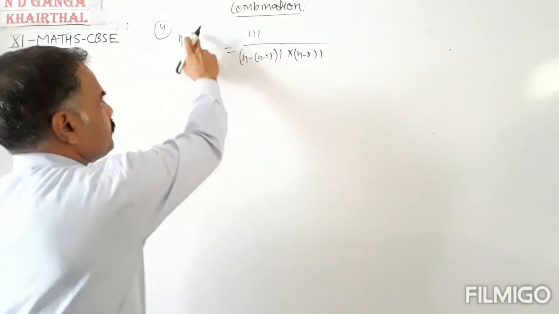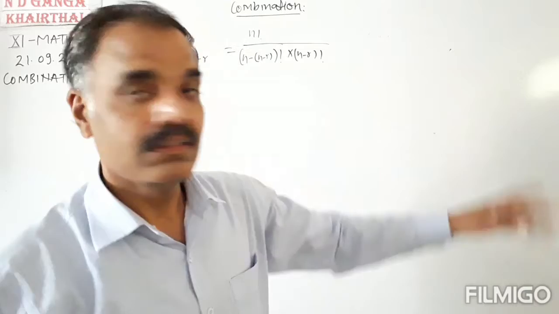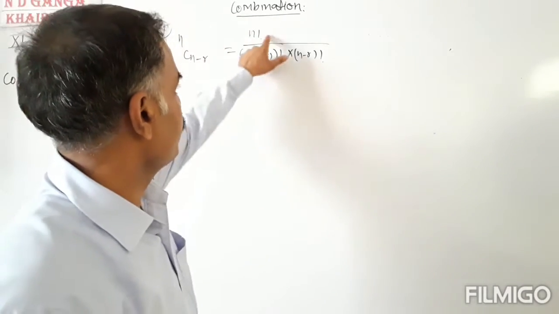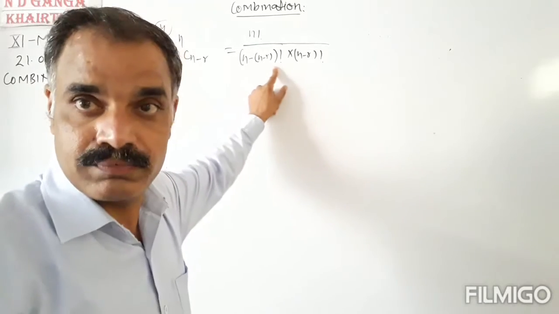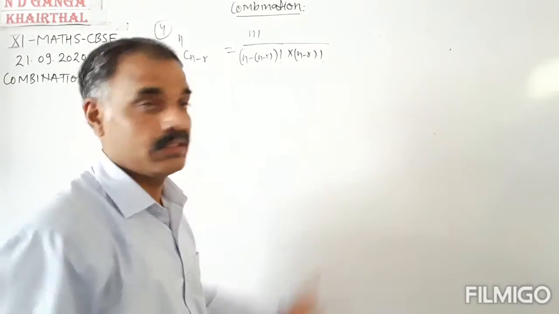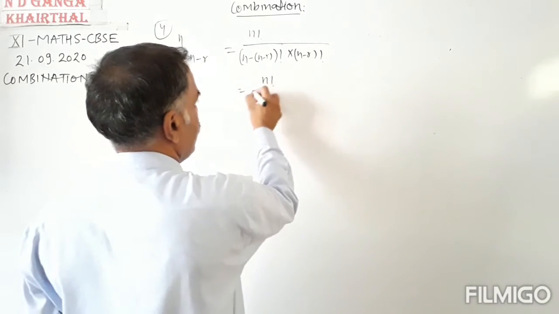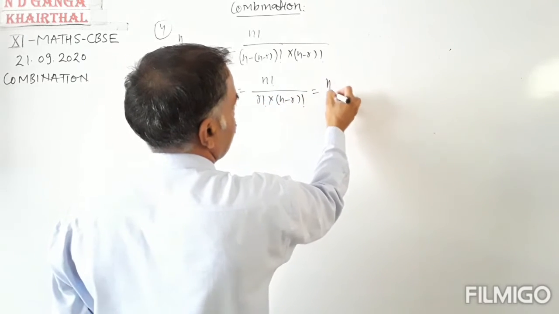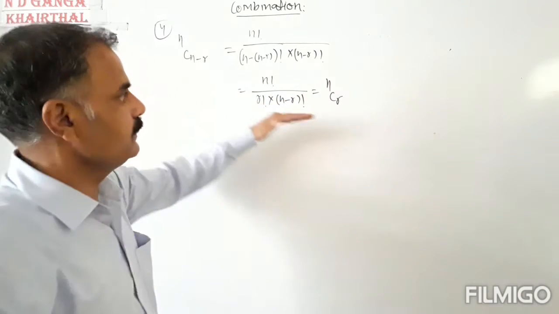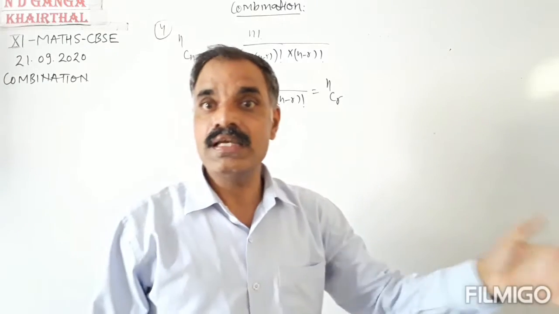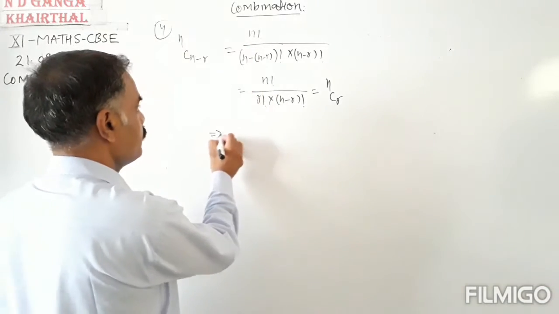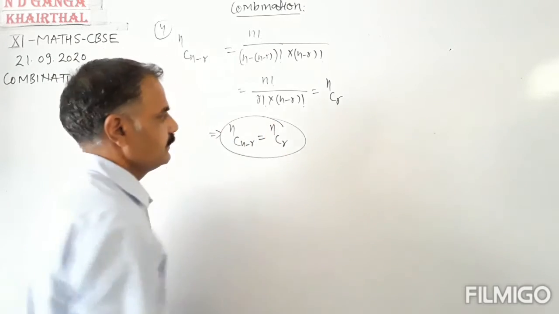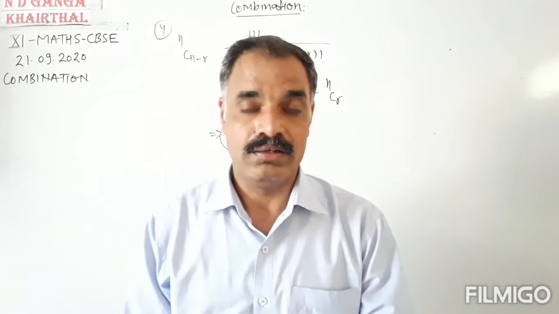After expanding NCn minus r by using the NCR formula, this is n factorial upon n minus r factorial into r factorial, and this equals NCR. So NCn minus r equals NCR.